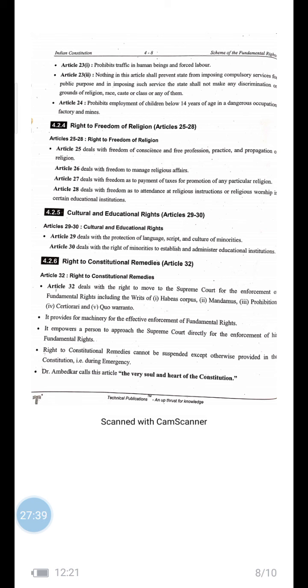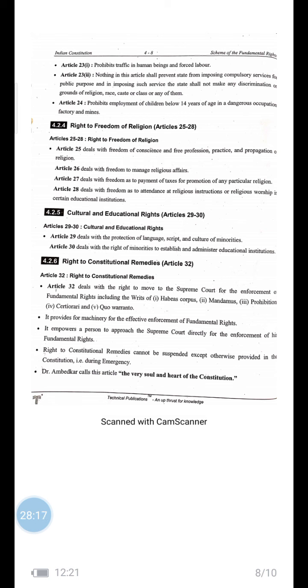Then the Right to Constitutional Remedies, Article 32. If any right given to you in the Constitution is not followed, this is called the right to constitutional remedies. Article 32 deals with the right to move the Supreme Court to enforce fundamental rights, through writs such as habeas corpus, mandamus, prohibition, certiorari and quo warranto. So it provides the machinery for effective enforcement of fundamental rights, allowing a person to approach the Supreme Court directly.